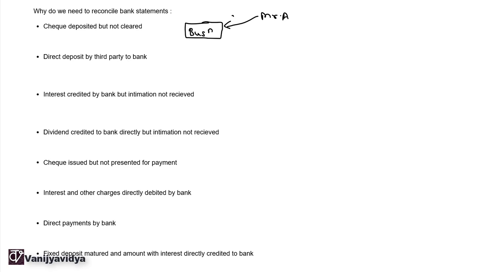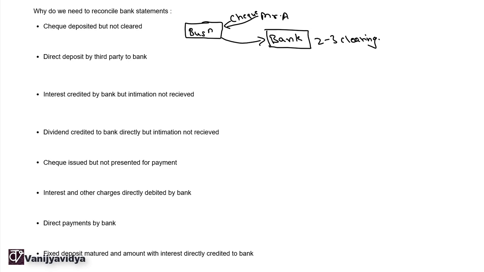We have received a check from Mr. A and we deposited it in the bank. Now generally bank takes 2 to 3 days for clearing. Now as soon as we deposited the check in the bank, we have passed an entry in the books, but since the check is not yet cleared, it's not appearing in the bank statement.